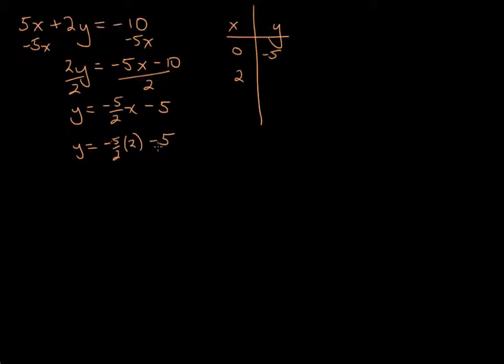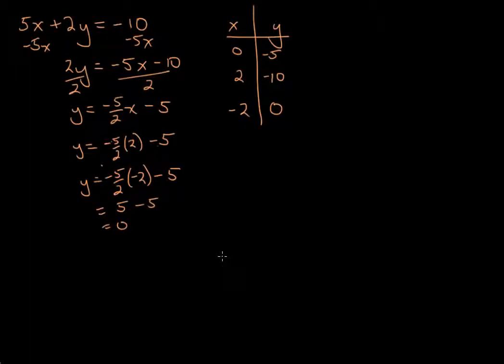Negative 5 minus 5 is negative 10. I'm going to try plugging in negative 2 now, so that y equals negative 5/2 times negative 2 minus 5. Negative 5/2 times negative 2 is going to be positive 5. So this is 5 minus 5, or just 0. So plugging in negative 2 gives us 0.